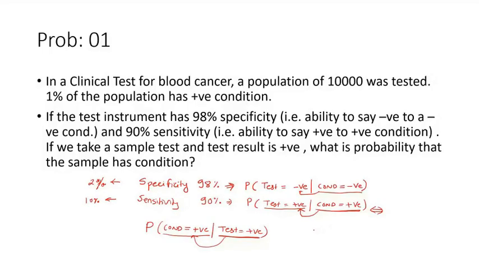So the best thing you can do is use your Bayes rule again. What is asked of us, I am writing here: probability of condition is equal to positive given that test is positive.